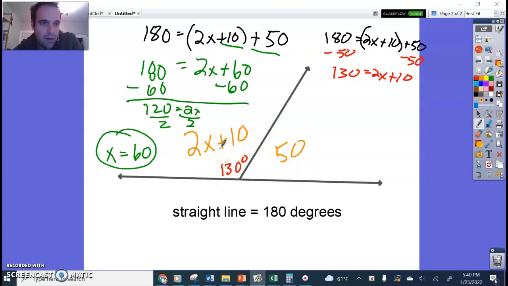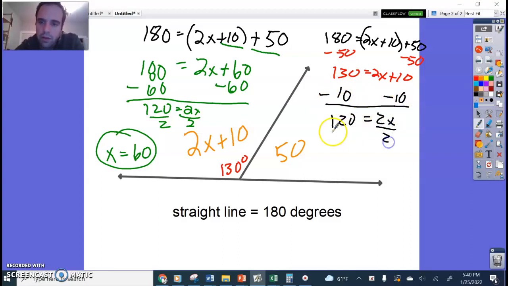Now it's a matter of figuring out what x is, because you know this is 130. So two-step equation format. I'll just subtract 10. Minus 10. You get 120 equals 2x. And then you can divide by 2, just like you did on the other side. And x should equal 60, just like it was in green on the left.